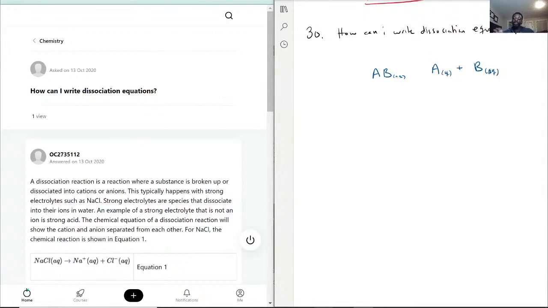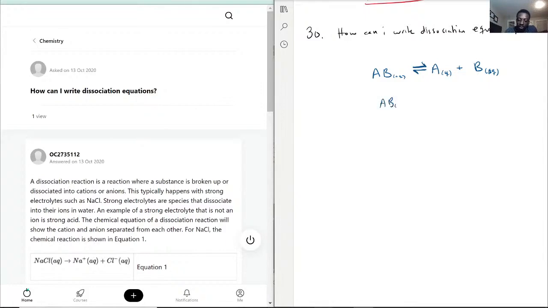The way you properly write this, make sure you don't forget aqueous, but the arrow you put is not just one way, but you make sure you show its multi-directionality, unless you know for a fact that it dissociates 100%, like for example sodium. This is a correct way to show a dissociation equation.